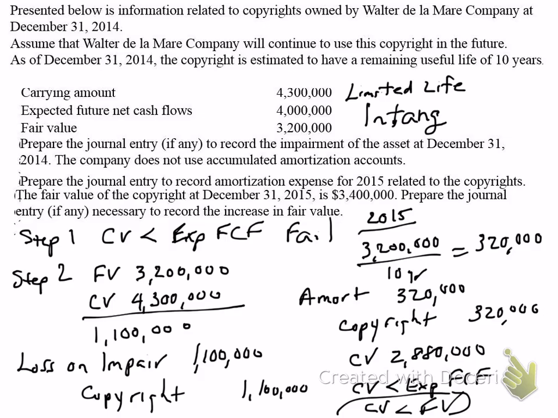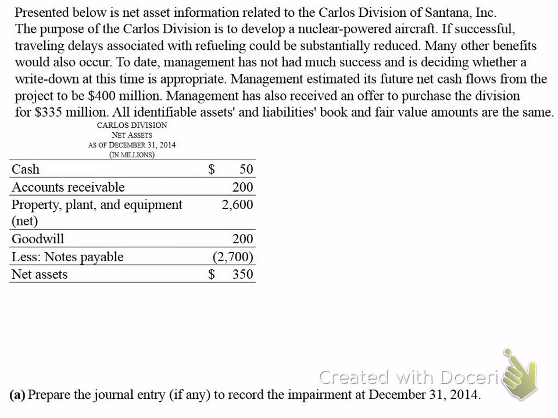So our carrying value is $2,880,000. Is that less than the expected future cash flows? Well, they didn't give us those, but it is less than the current fair value. So there's no impairment, and you don't get to write assets back up unless they're being held for resale. So no entry.